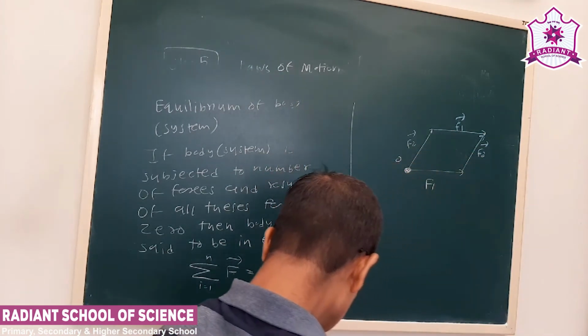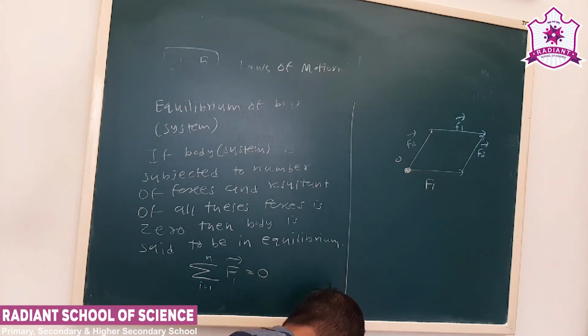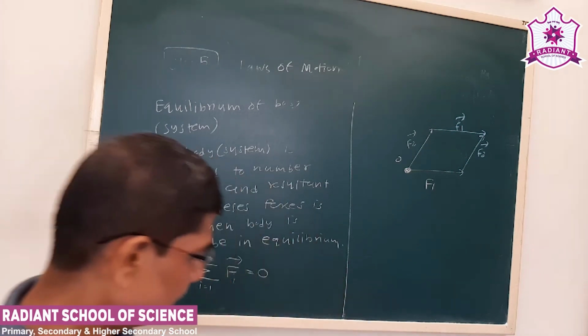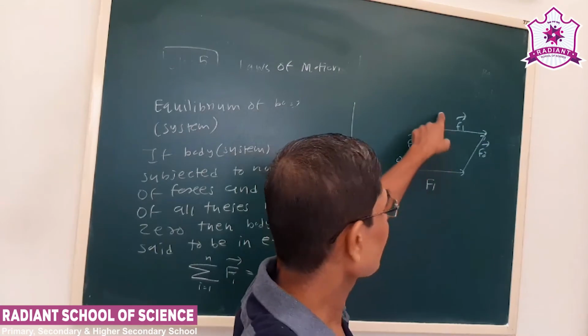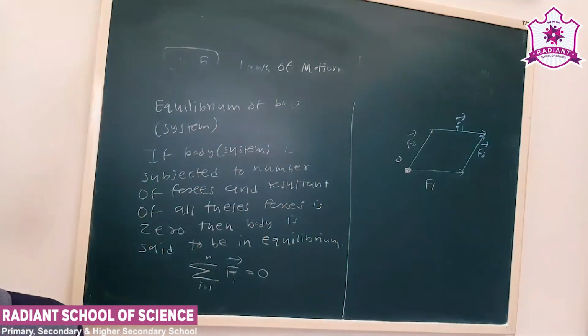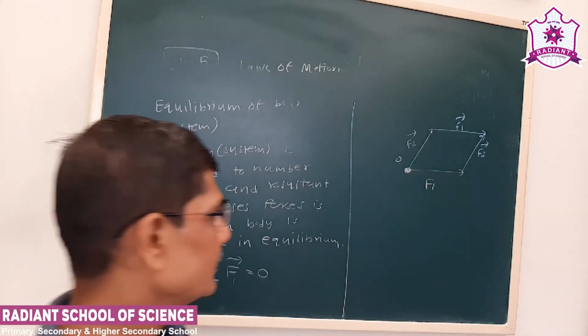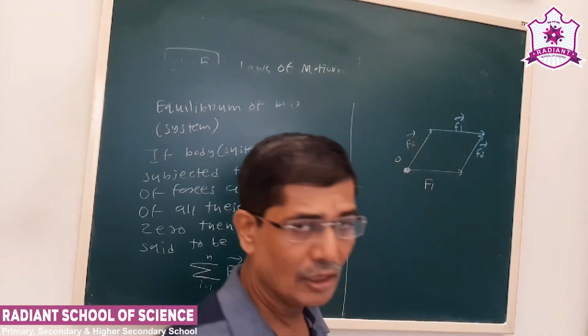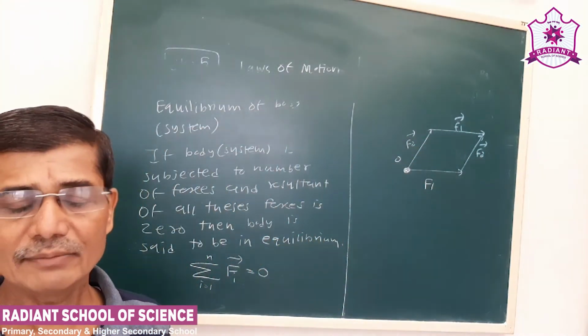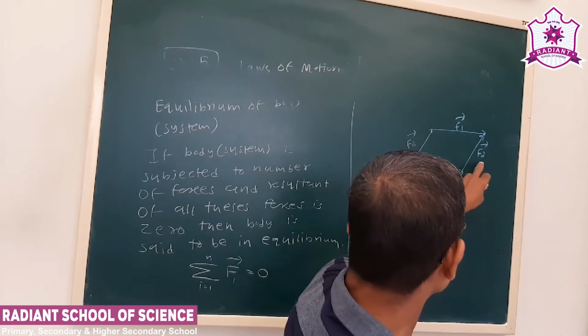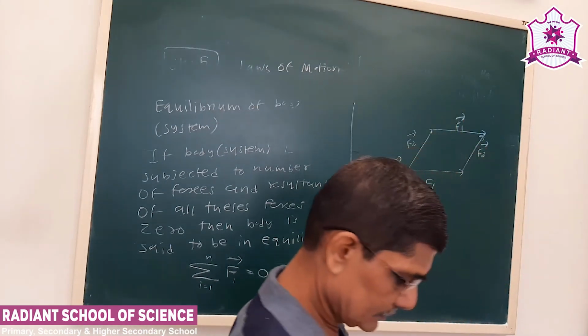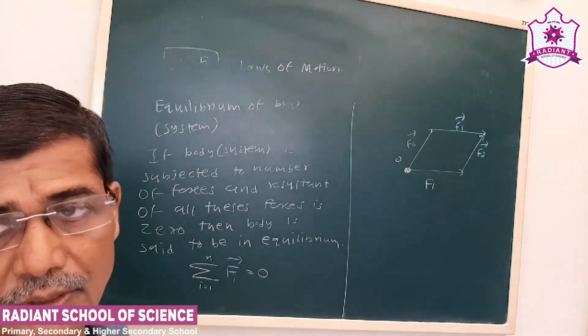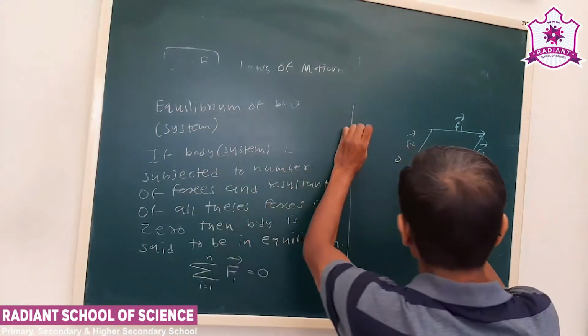The two forces to be added are represented as adjacent sides of a parallelogram. If the parallelogram is completed by taking opposite sides parallel and equal, this is the diagonal of the parallelogram.